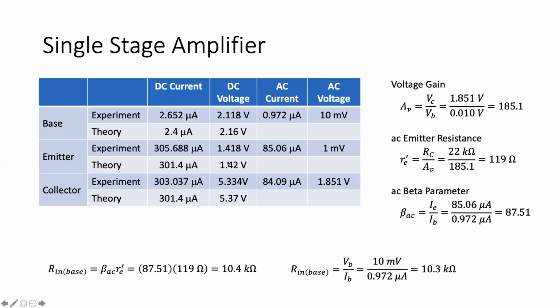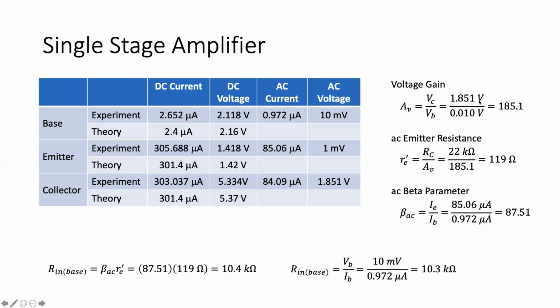So kung titignan ninyo, yung bypass capacitor, pinapaliit niya yung AC voltage. Which means na yung voltage na nagsisplit between emitter at saka collector, mostly napupunta dun sa collector. Kaya mataas yung gain. So ang gain is taken from collector divided by the base.